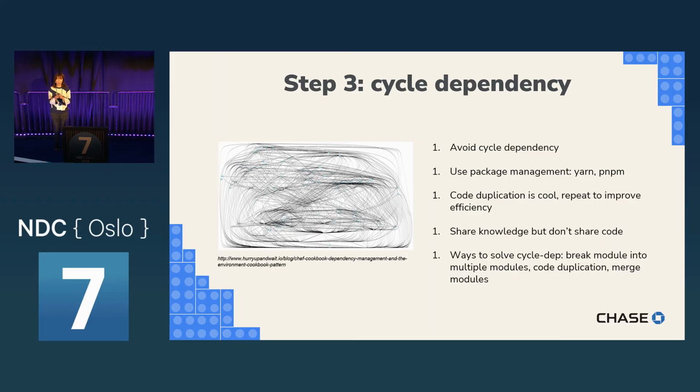We can split the module, remove it by having it duplicated in each module, or even merge modules. In our project, we have over 70 packages, and we actually used all three approaches. We also merged some modules from three to one. So this is how we solved our circular dependency.